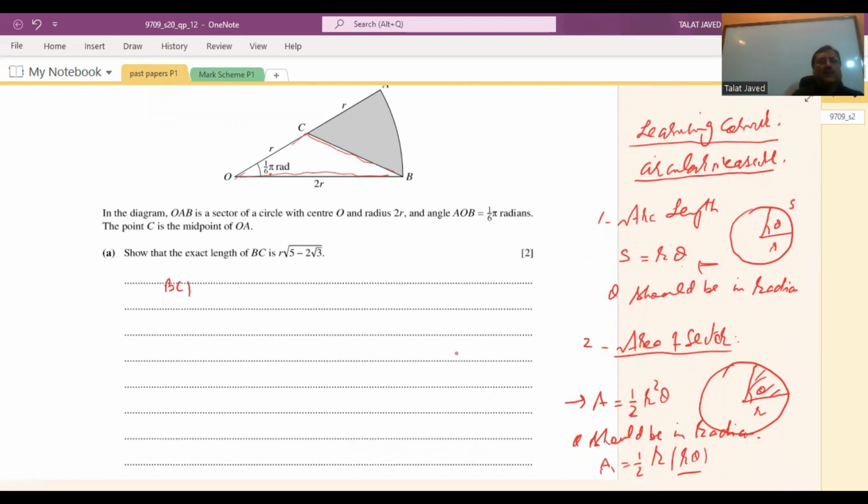According to the cosine rule, BC squared equal to r squared plus 2r squared minus 2 into r into 2r cos of pi by 6.